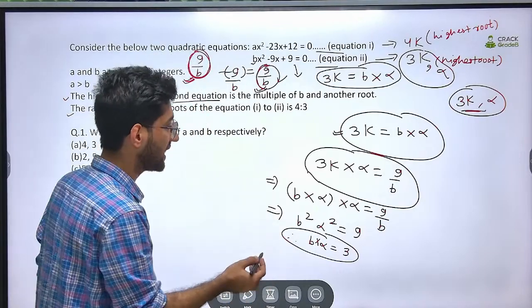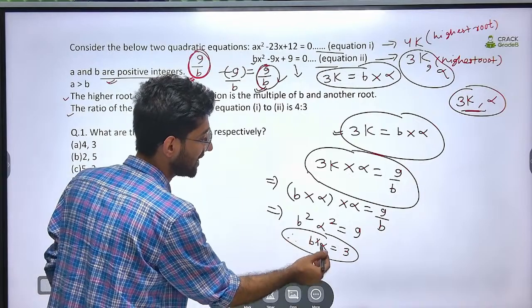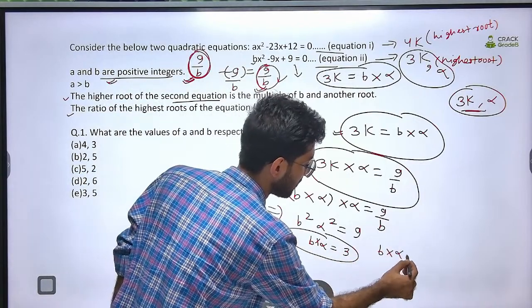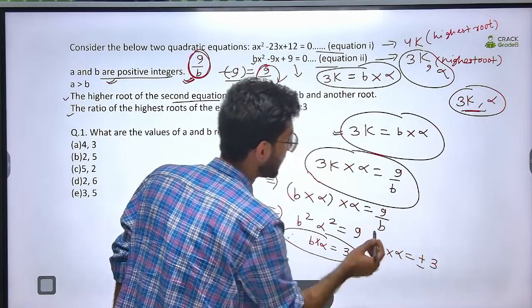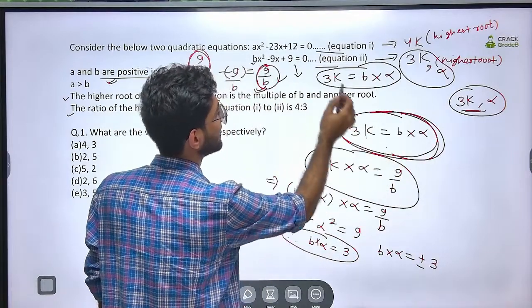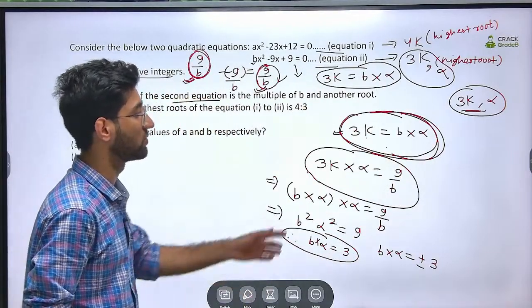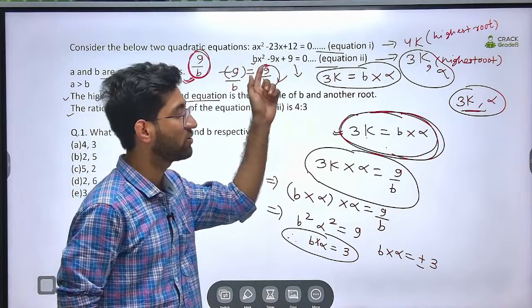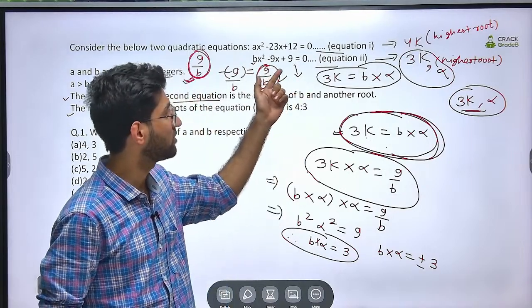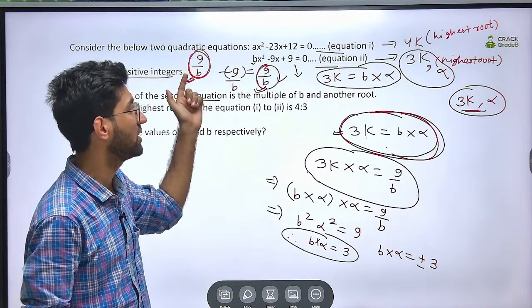Now try to remember, we have got the value of b into alpha, and you are saying that we can write b into alpha equal to plus minus 3. But now see, 3k is a root of quadratic equation 2, and we know that quadratic equation 2 has only positive roots. Why only positive roots?